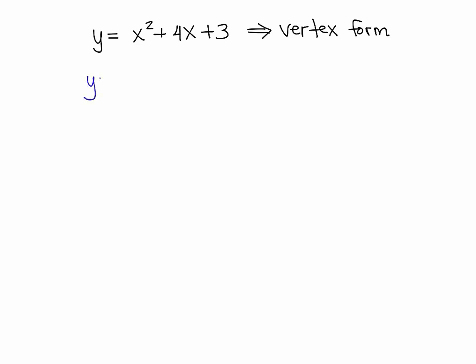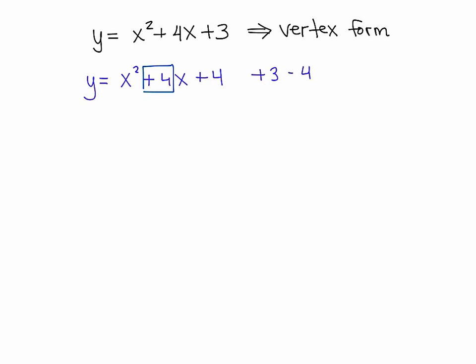First, we are going to rewrite this as y is equal to x squared plus 4x, little space, plus 3. We're going to complete the square by taking the second term, positive 4, divided by 2, then square it, which is positive 4. In order to keep the equation the same, we need to subtract the same amount.